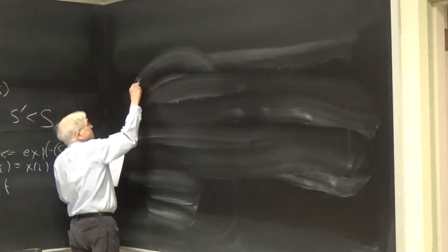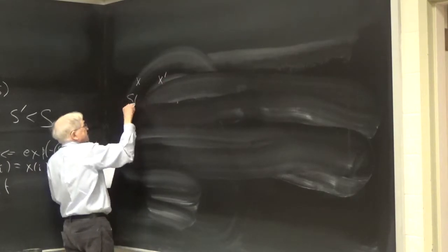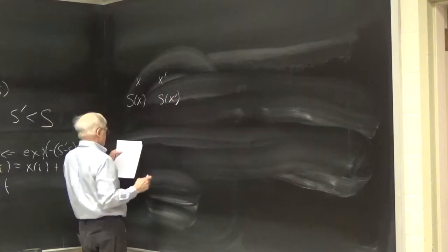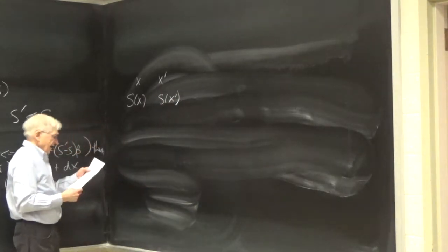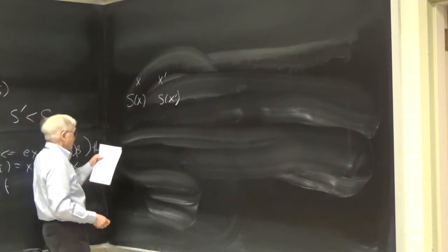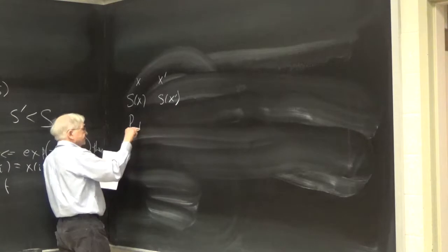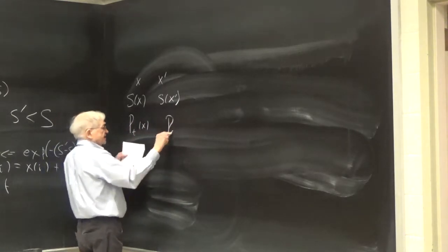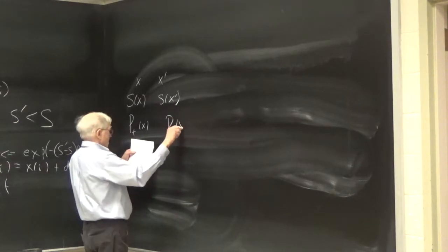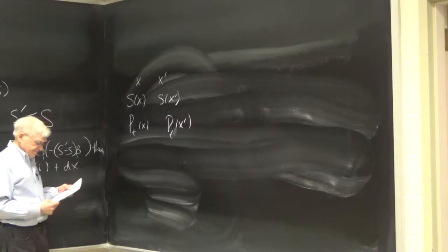So consider two configurations, x and x prime, with Euclidean action S of x, S of x prime, and suppose they're occupied with probabilities p sub t of x and p sub t of x prime as the system is thermalizing.